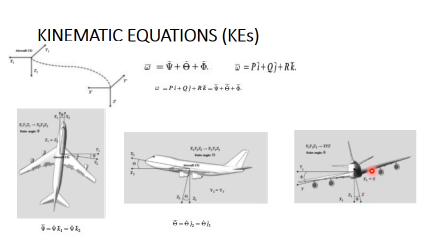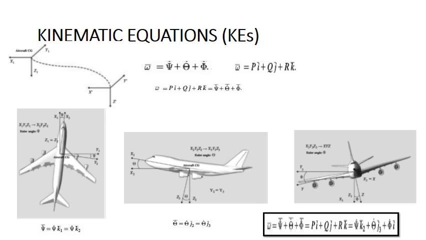So x3 equal x body. Hence, phi dot equal phi dot i3, which is equal to i, the unit vector in the direction of the x body axis.